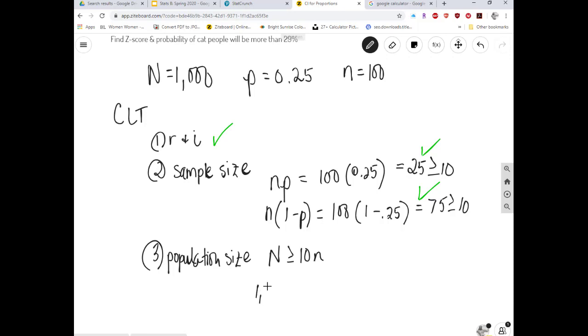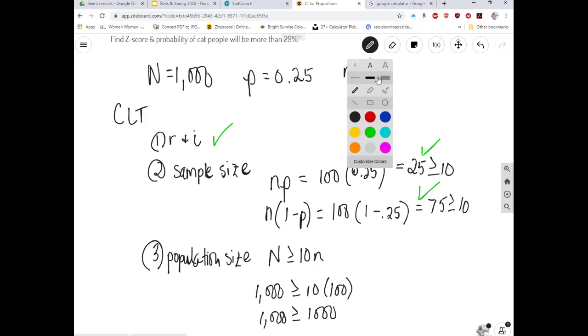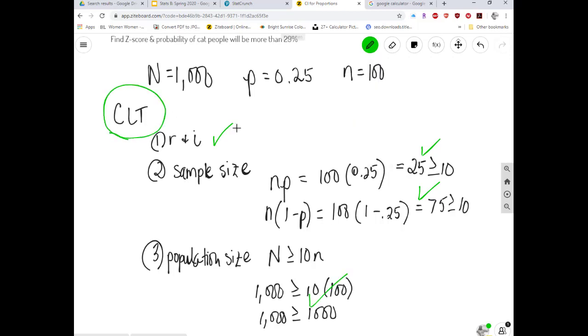Well, the population size is 1,000 and my sample size is 100. So it's saying 1,000 is greater than or equal to 1,000. Is that true? Yep, sure is. So check. So all three conditions of the central limit theorem are check, and so I can assume that the distribution is normal.